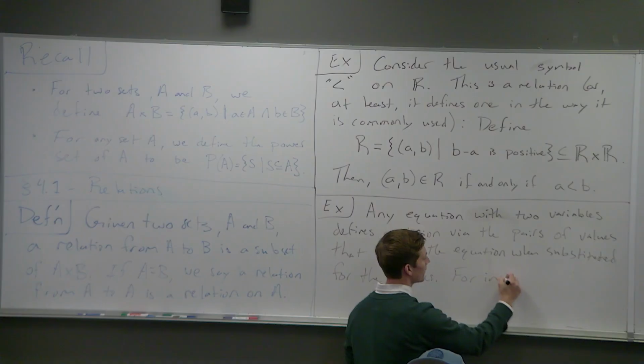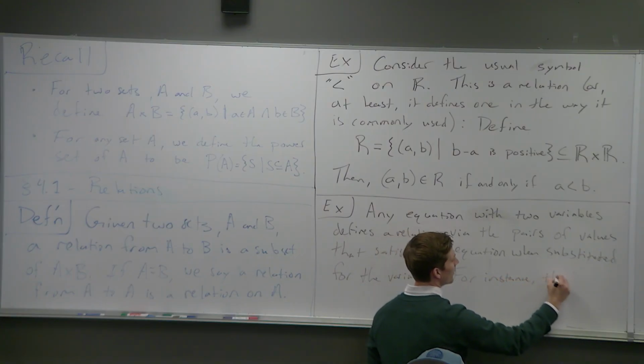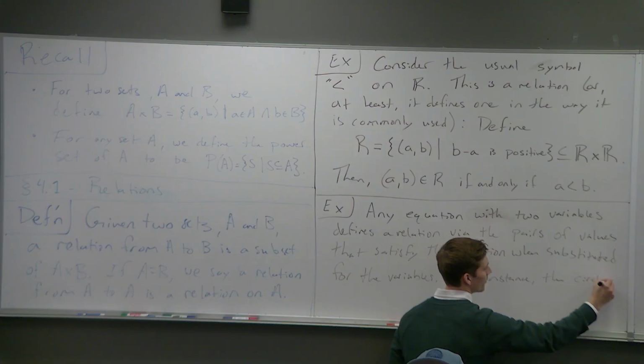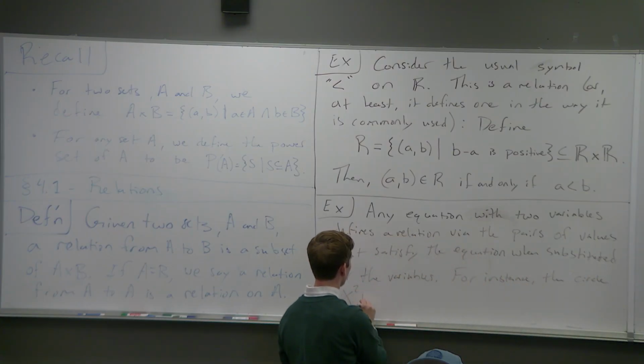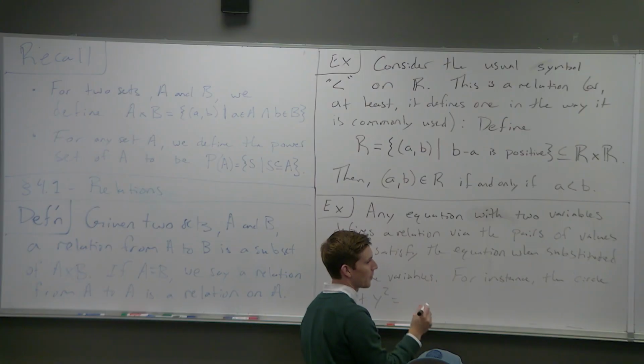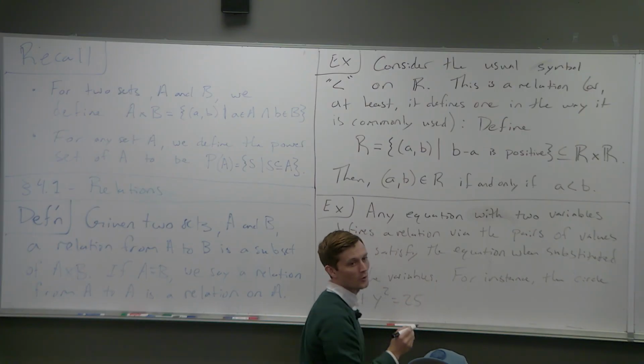For instance, the circle x squared plus y squared equals, say, I don't know, 25. This is a circle with radius 5.